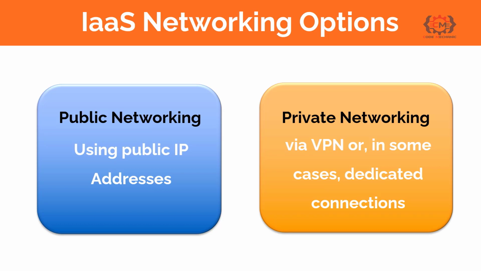The second possibility is private networking, where you can connect to these virtual machines running in the public cloud using virtual private networks, also called VPNs, which are software-based virtual tunnels through the internet.